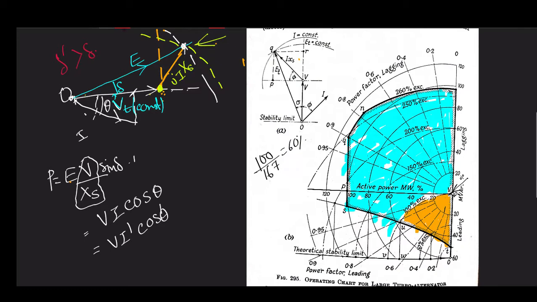Well, this side is underexcited and this cyan colored side is overexcited. Now try to understand how we are getting this.